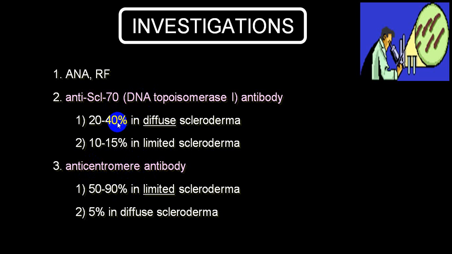Anti-Scl-70 will be positive in 20 to 40% in diffuse and only 10 to 15% in limited, while anti-centromere is more differentiating. Almost 90% of limited variety will have anti-centromere antibody. ANA will be positive and RF may be positive in both.